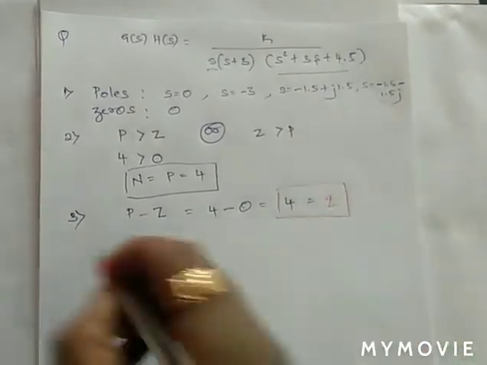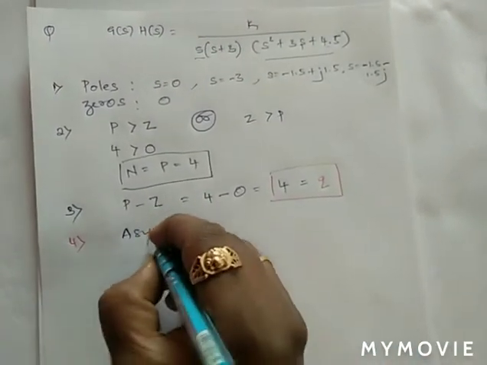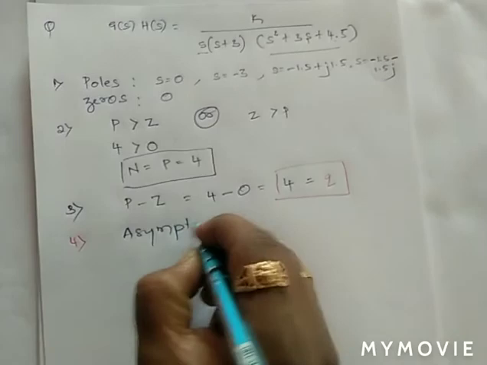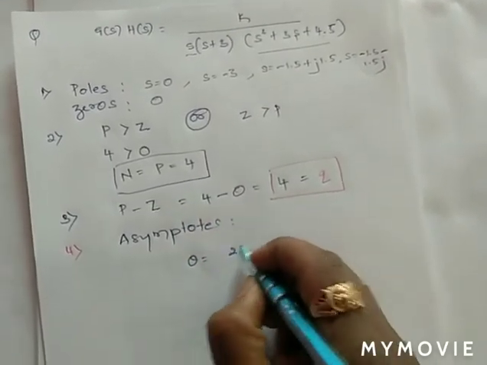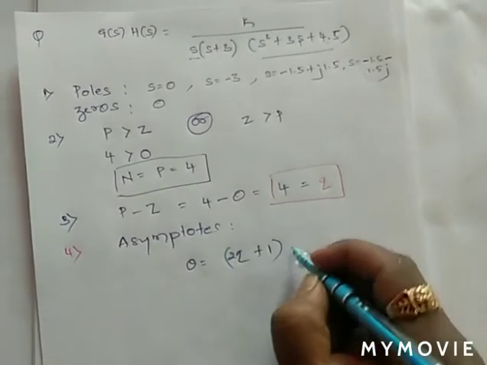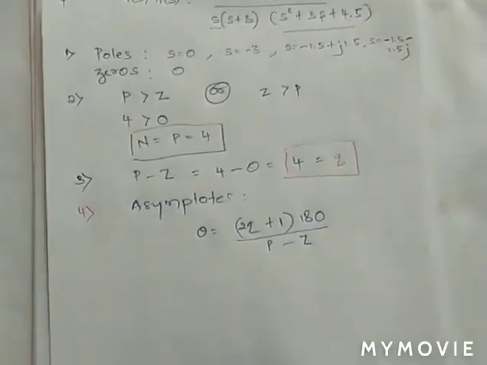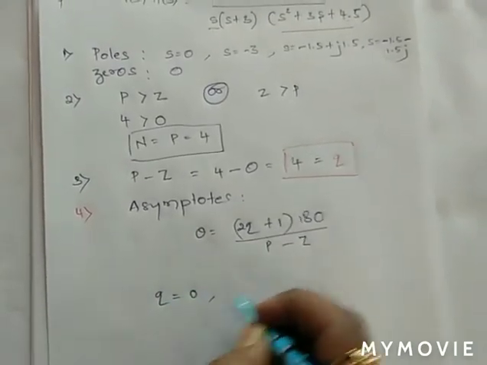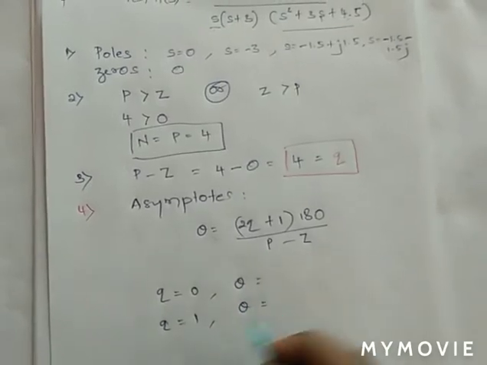So next step, fourth step, is asymptote. Asymptotes formula is theta equals to 2q plus 1 into 180 whole divided by p minus z. So for q equals to 0, what is the value of theta? For q equals to 1, what is the value of theta?